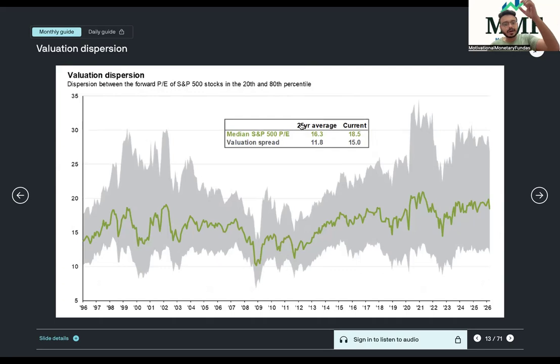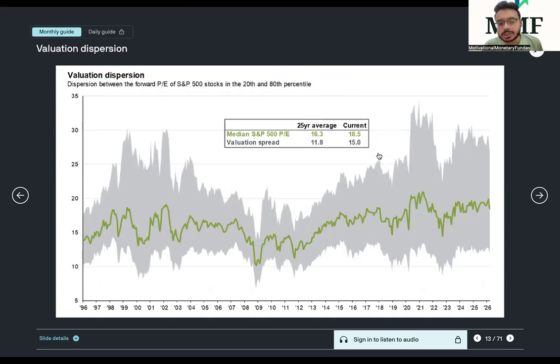The valuations have again come down, right? The value stocks in the 20th percentile were already trading at very low valuations, and that is why they were named the value stocks. But now, during this war, the valuations have further corrected and they have become much more palatable or reasonable to invest into.